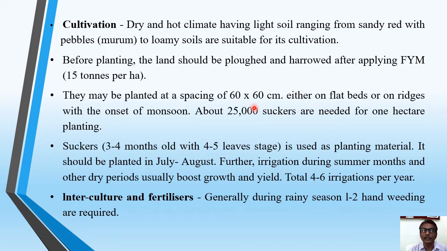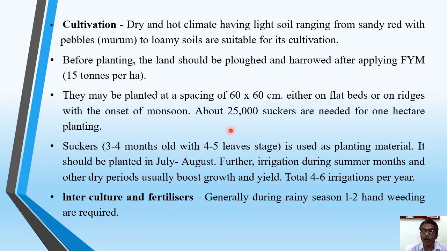Before planting, the land should be plowed and harrowed after applying farmyard manure, 50 tons per hectare. They may be planted at a spacing of 60 by 60 centimeter, either on flat beds or on ridges with the onset of monsoon.